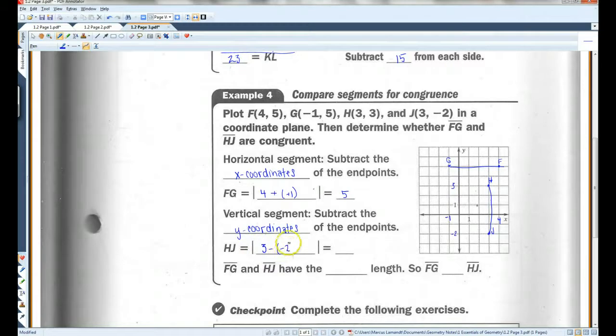So 3 minus negative 2. Once again, minus negative becomes a positive. So they're both 5 units long. So FG and HJ have the same length. And if you remember, segments that have the same length are congruent. This little symbol means congruent.